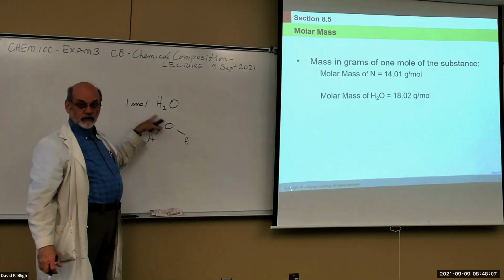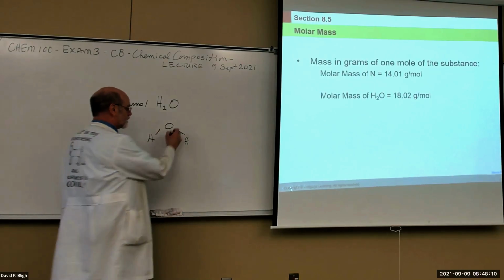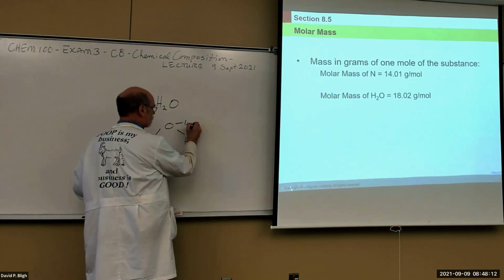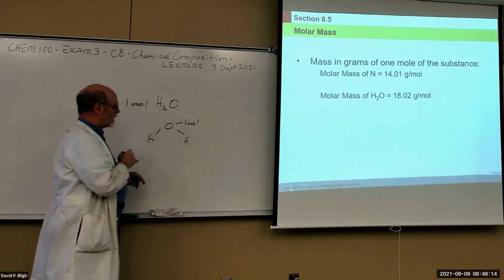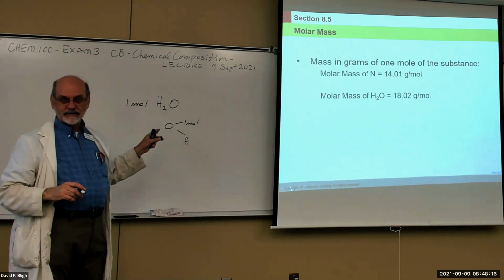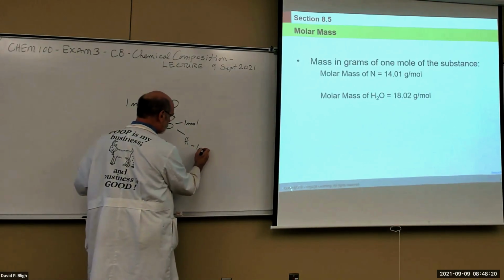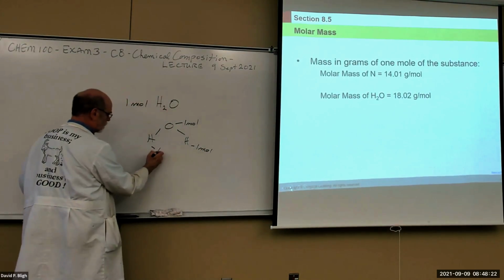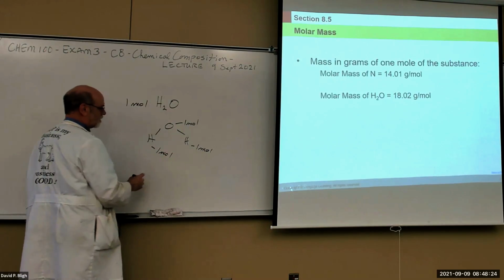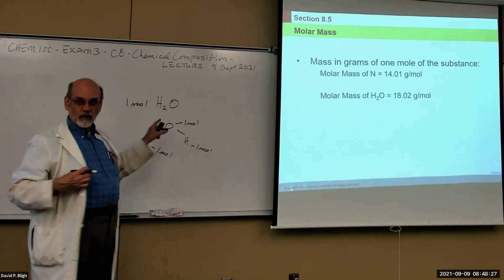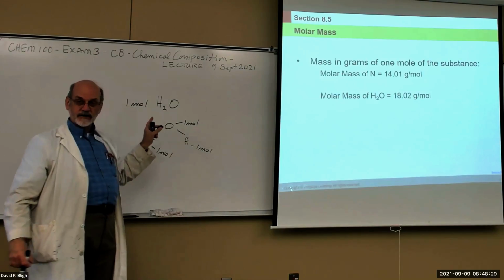Well, for every 1 mole of this, you have 1 mole of oxygen, correct? So this is 1 mole. How many moles of hydrogen do you have? We actually have 2, right? This is 1 mole, and this is 1 mole. So you have 1 mole of oxygen, 2 moles of hydrogen.